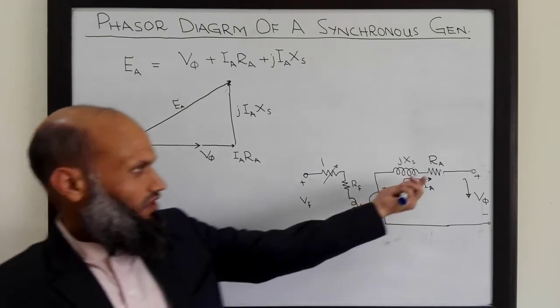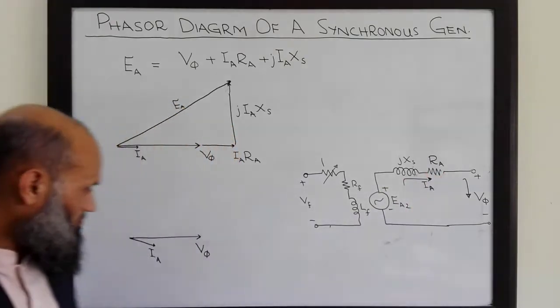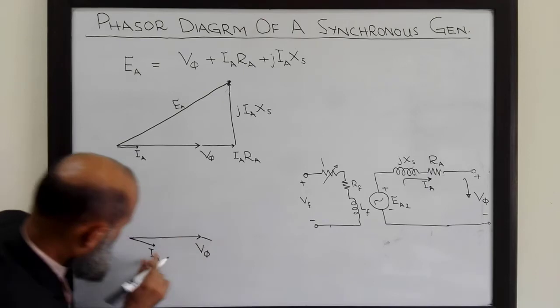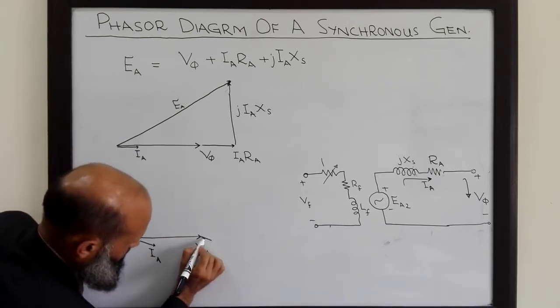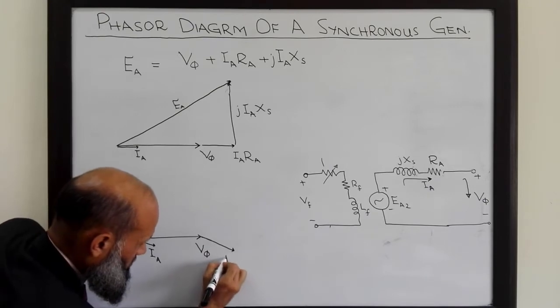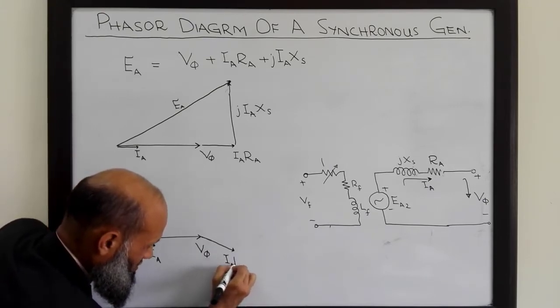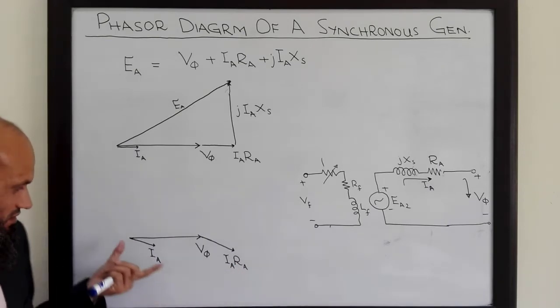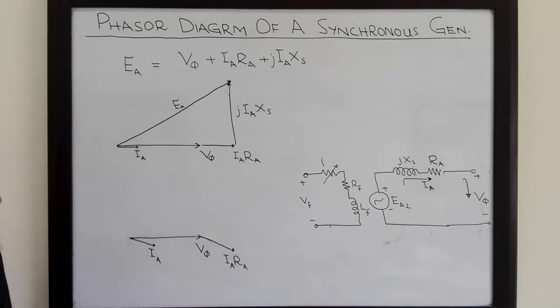What will be the phasor for IARA? That will be parallel to IA. So here is the phasor parallel to this one. IA RA, so this RA adds some scaling to this phasor.